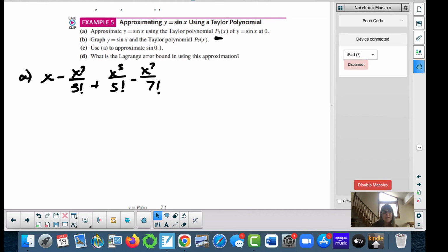We're only going up to 7 because that's p of 7. And remember, the ones in between here were all zeros. So this is our expansion for the 7th. The actual one keeps going, but we're just going to use that for the 7th. So p7 of x is just that first part.